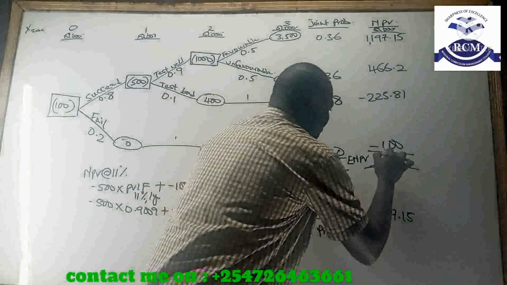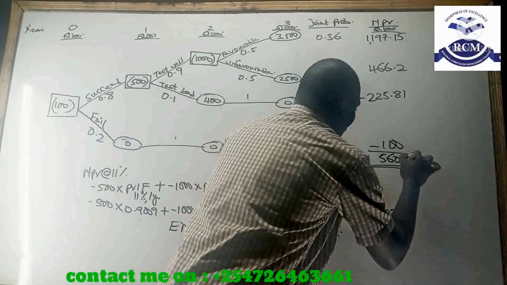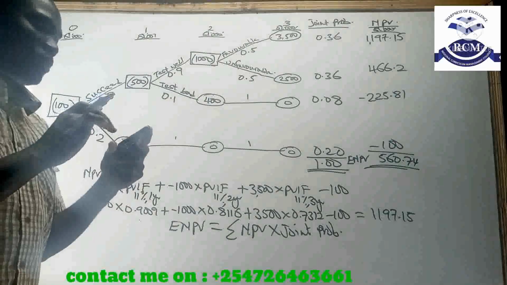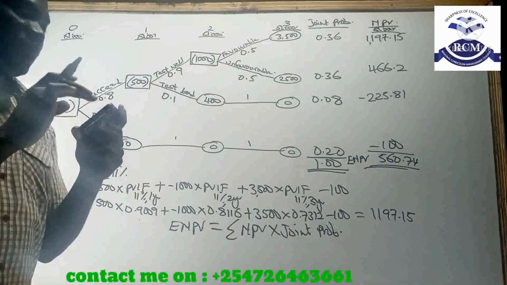So you're having an amount of 560.74. So that brings us to the end of part 1 of that question.